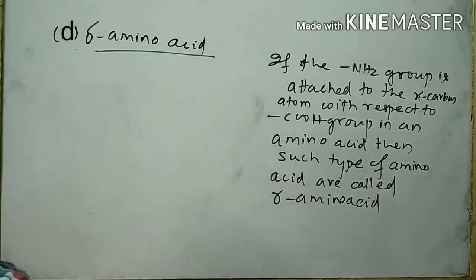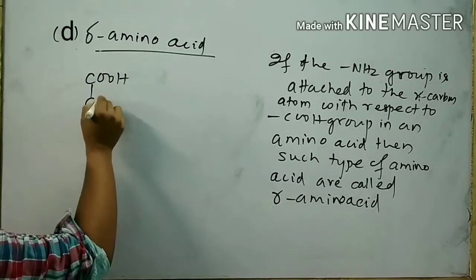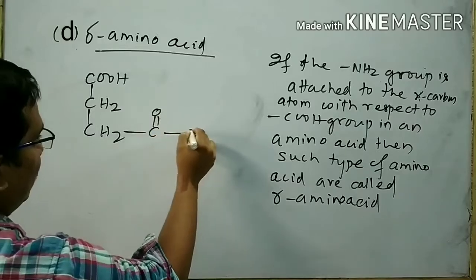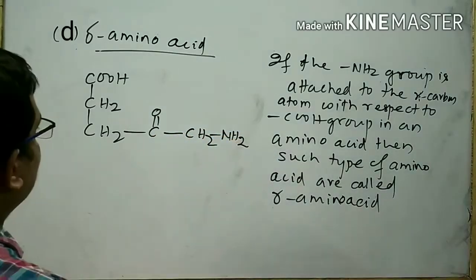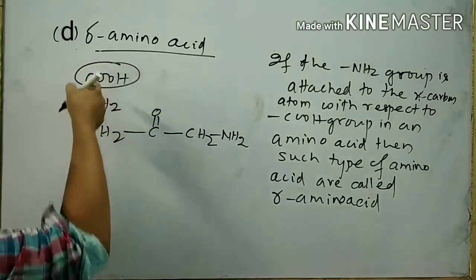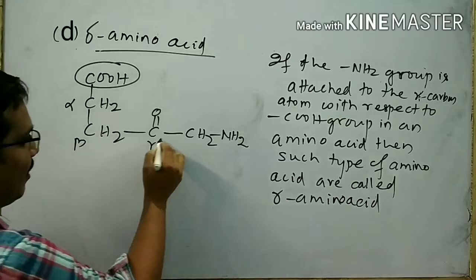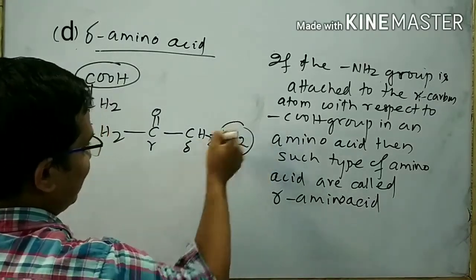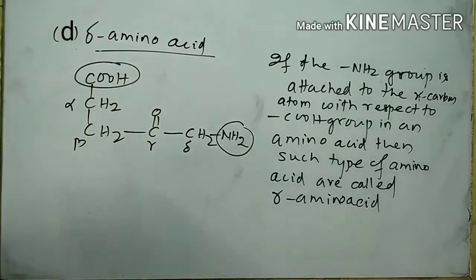Take an example of a delta amino acid: COOH-CH2-CH2-C(=O)-CH2-NH2. Look at that, with respect to this COOH group, this is alpha, this is beta, gamma, this is delta, and the NH2 group is attached to the delta carbon, so it belongs to the delta amino acid.